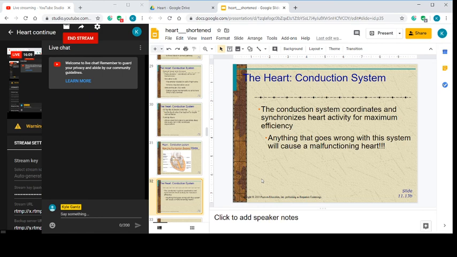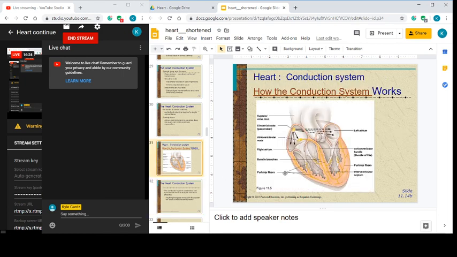Or you can imagine if the AV node did not delay the signal, and so therefore we got an early ventricular contraction.